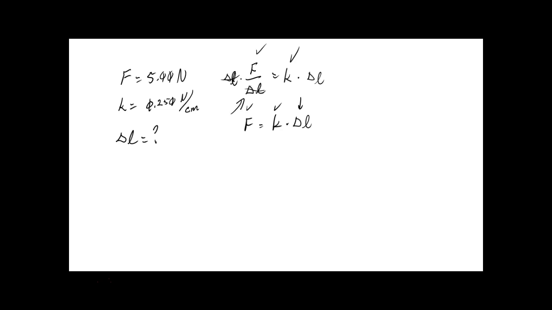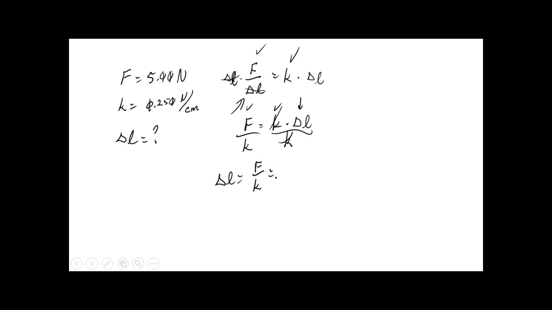How do we move the K? Hint, K is multiplied by delta L. How do we undo multiplication? Dividing. So let's divide both sides by K. Got to do everything to both sides. So now you wipe out your K's here, and you have delta L is equal to F over K.